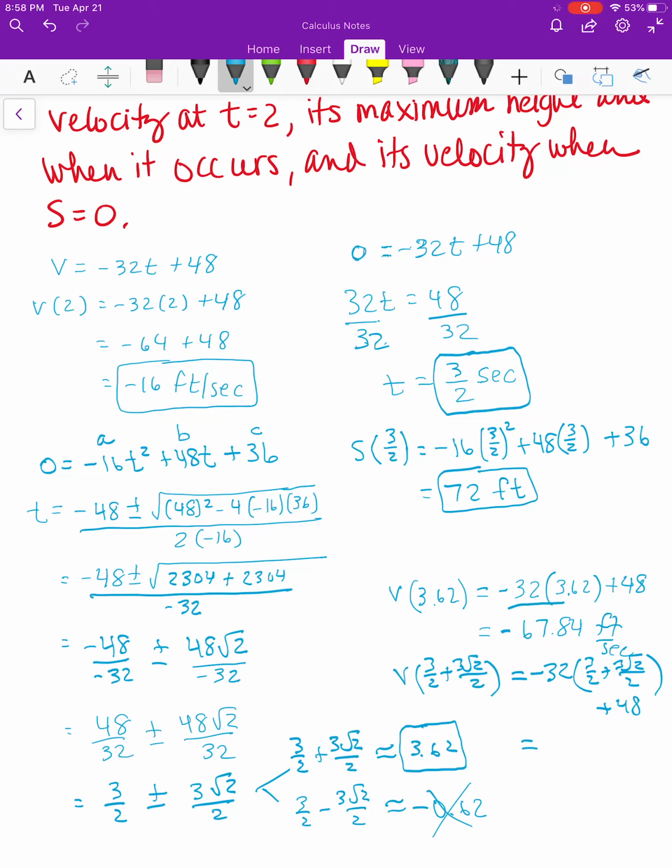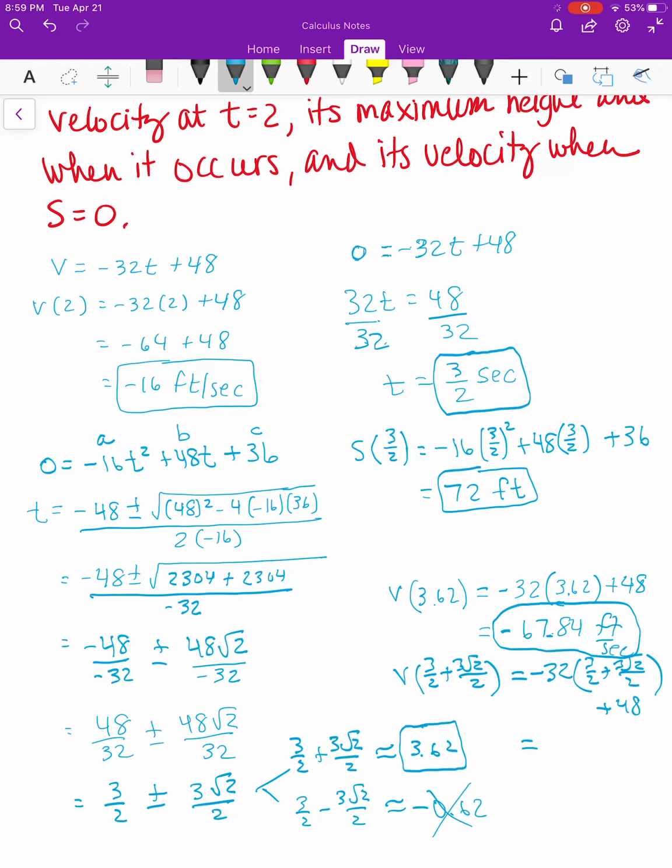But typically you would want to find the velocity at 3/2 plus 3 root 2 over 2. And put that in your calculator, negative 32 times 3/2 plus 3 root 2 over 2 plus 48. Because typically you might have a rounding issue.